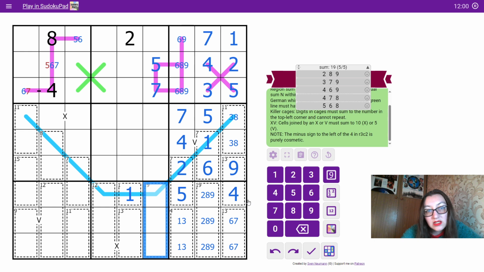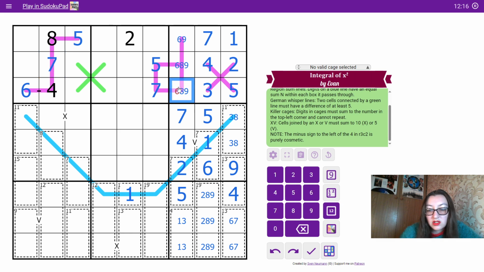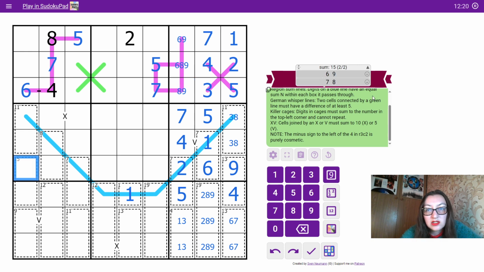So now in the 19 cage, we cannot have a 5 and a 7, which doesn't restrict it that much. Okay, that is a 6, so that gets disambiguated. Also, that is not a 6. So this can't have a 6, so the 15 cage is a 7 and 8.